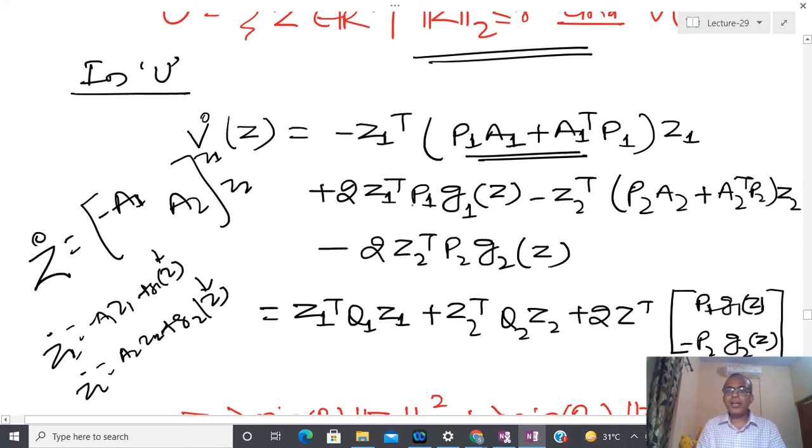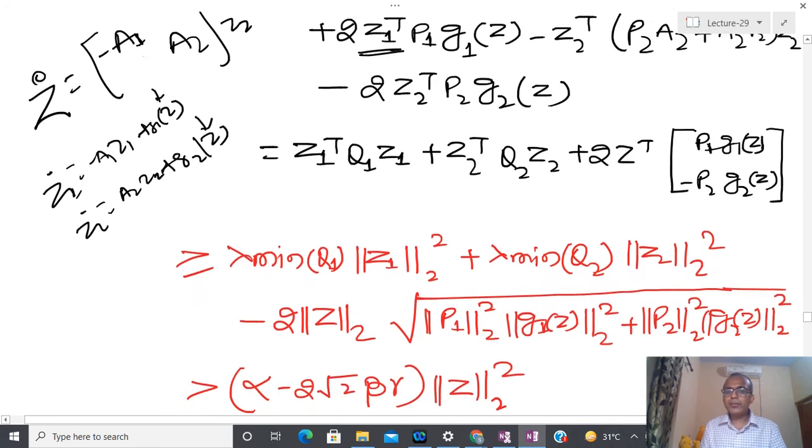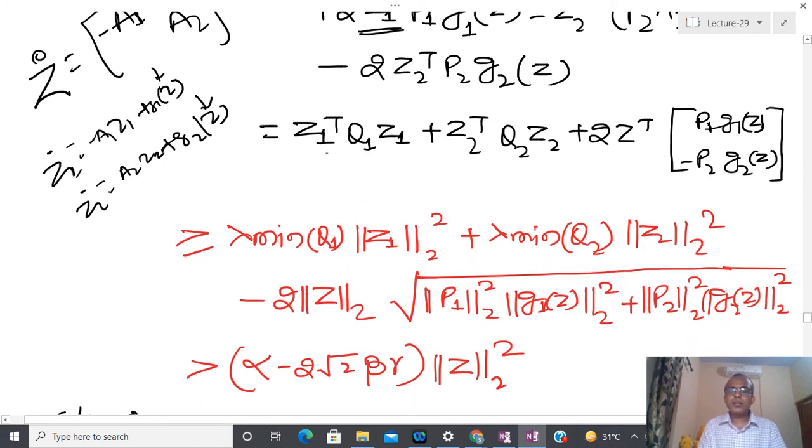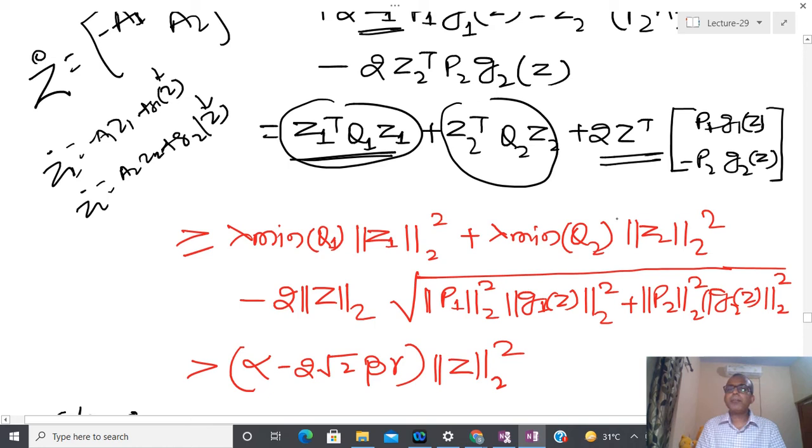Okay, now here I cannot add because both are in different coordinates. Now here you can see that this particular quantity is positive definite and this is positive definite, and this quantity may have some kind of negative or positive sign.